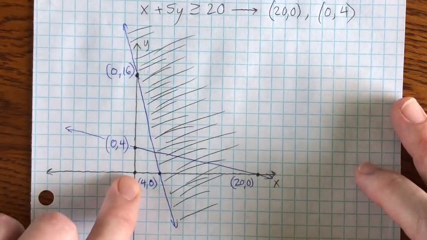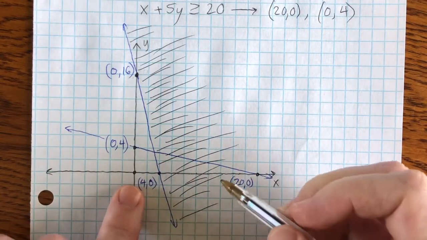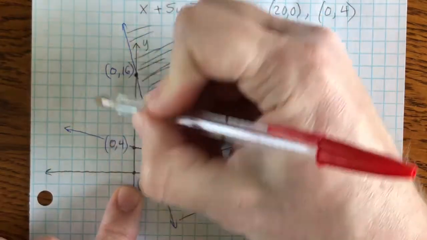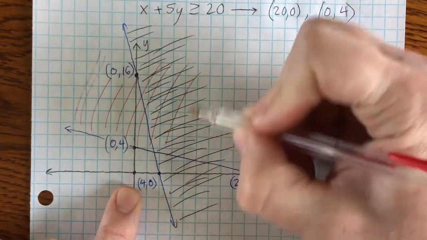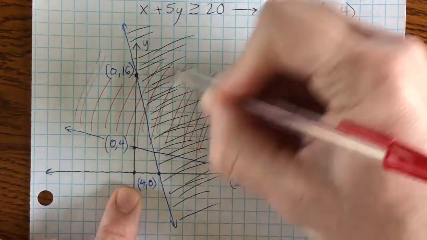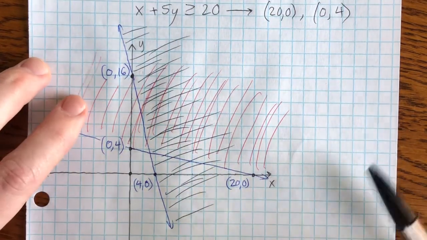So therefore, we're not going to shade the region that contains (0, 0). We're going to shade the other region, this half plane right here. Do you see where you're having an overlap occur? Right in this area here.